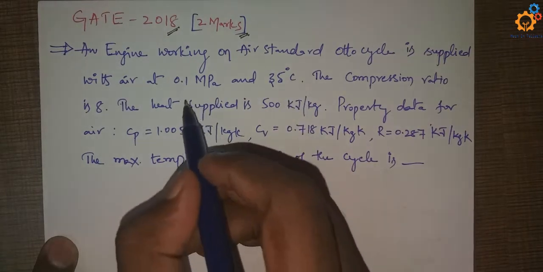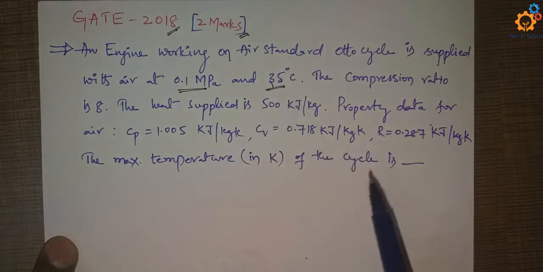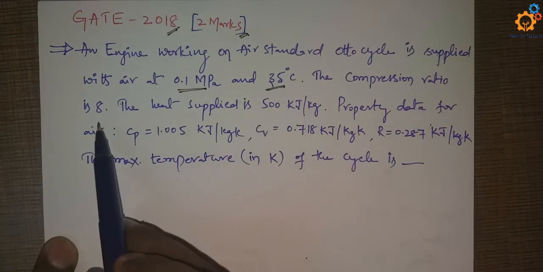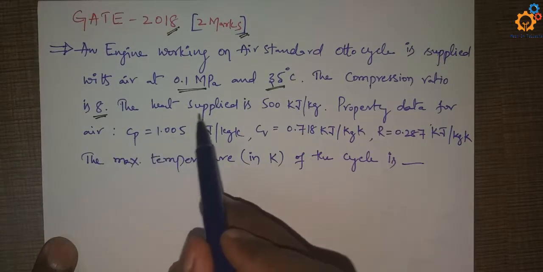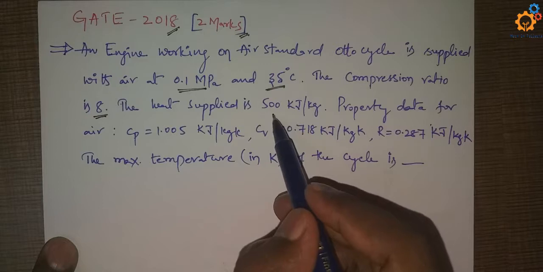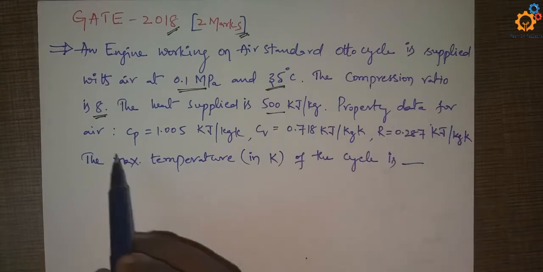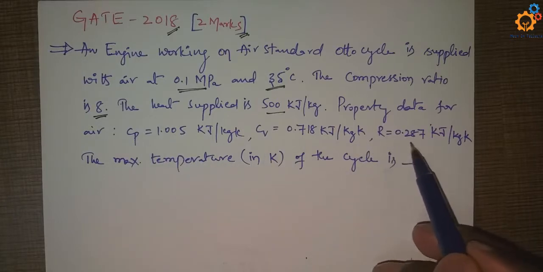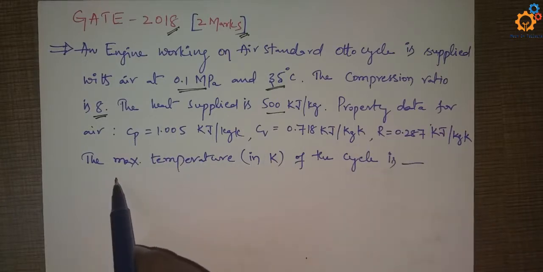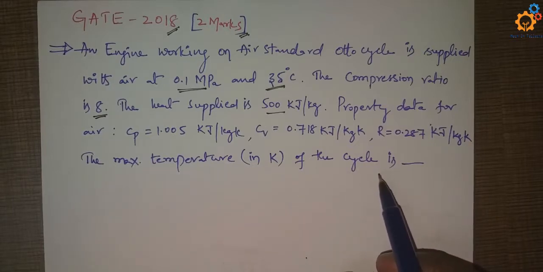That means initial condition, pressure and temperature. The compression ratio is 8, okay, that is R. The heat supplied is 500 kilojoule per kg. Property data for air, Cp value, Cv value, and characteristic gas constant. The maximum temperature in Kelvin of the cycle.